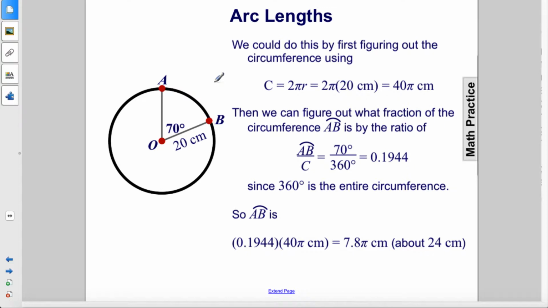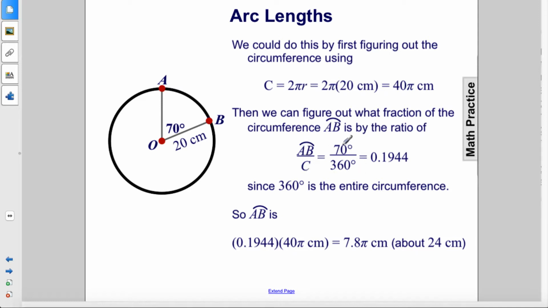We could do this by first figuring out the circumference using c equals 2 pi r. So we have 2 times pi times 20 centimeters, which is the radius, equal to 40 pi centimeters. Then we can figure out what fraction of the circumference arc AB is by the ratio of arc AB is to the circumference equals 70 degrees is to 360.